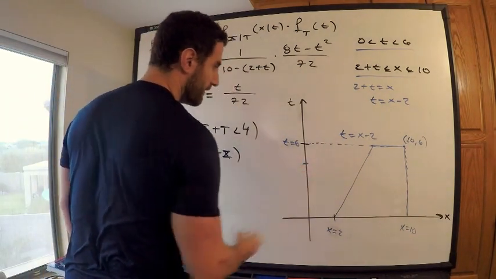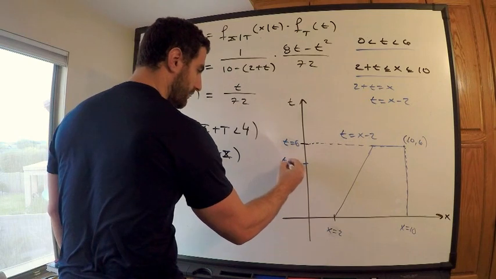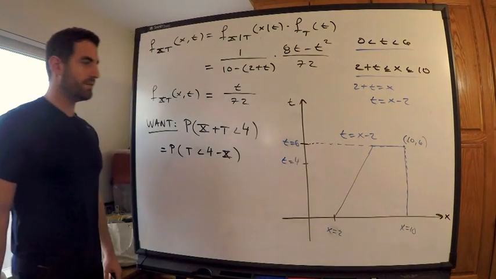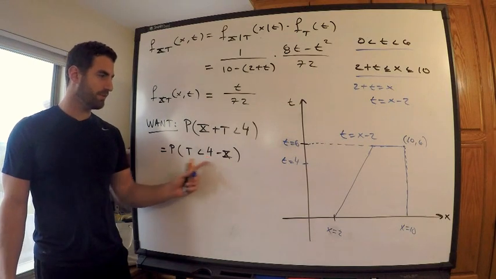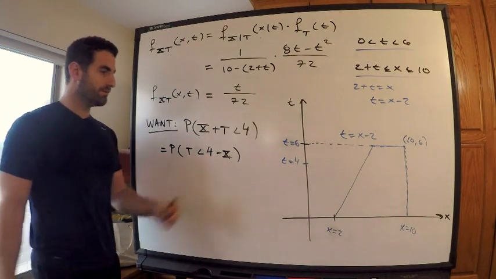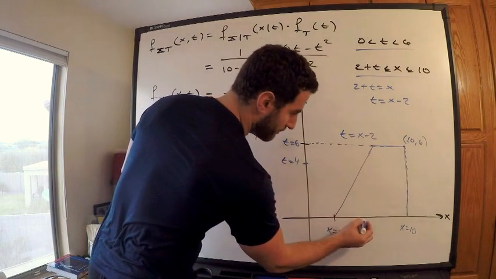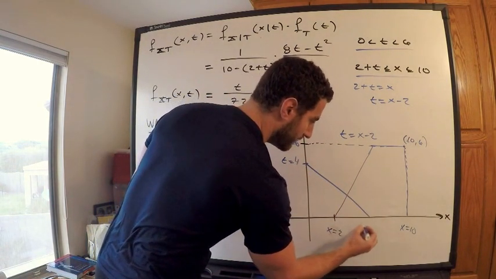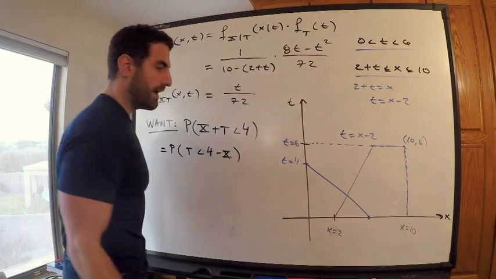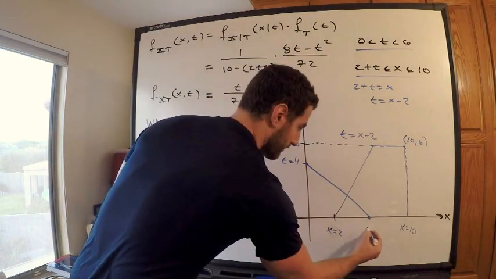Here is, say, t equals 4. So I know that the t-intercept, in other words when x is 0, is 4, right? And then the slope is -1. So it's coming down to about here. This is the point x equals 4.